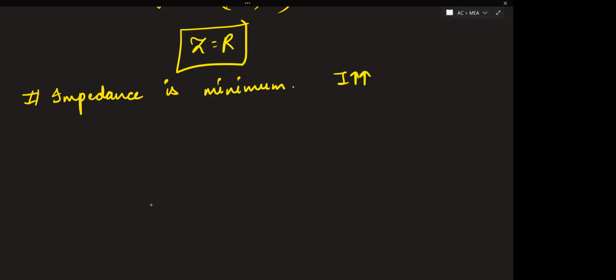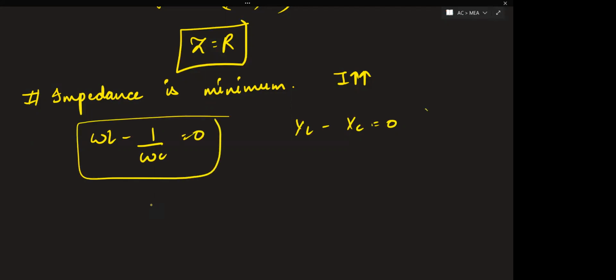So maximum value is possible only when omega L minus 1 by omega C is 0, XL minus XC comes out to be 0. Then only your current will have maximum value. This is the least resistance, maximum current.